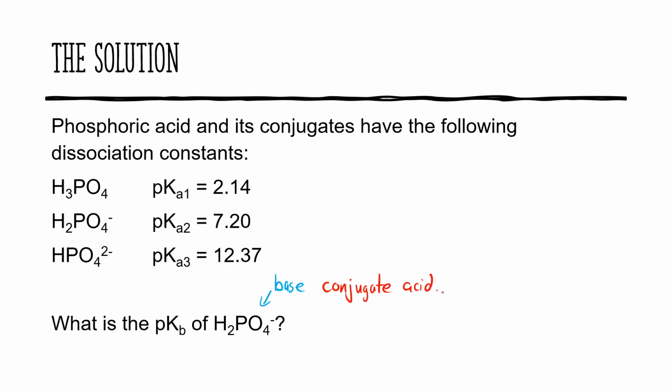Our first question then should be, what is the conjugate acid of H2PO4-? Okay, well, that would be gaining a proton, so that would be H3PO4. Don't need the negative sign anymore. So that would be H3PO4 with a pKa of 2.14.